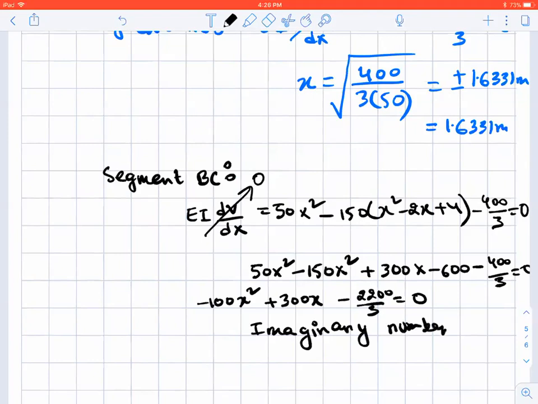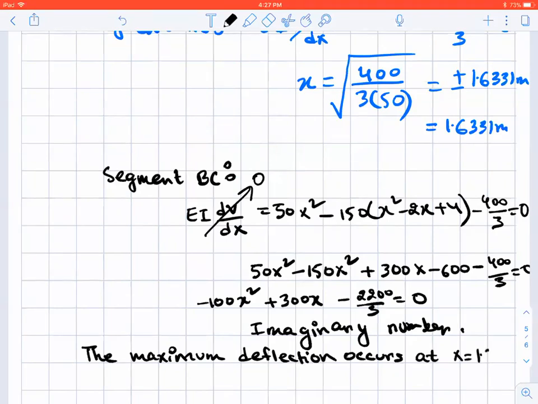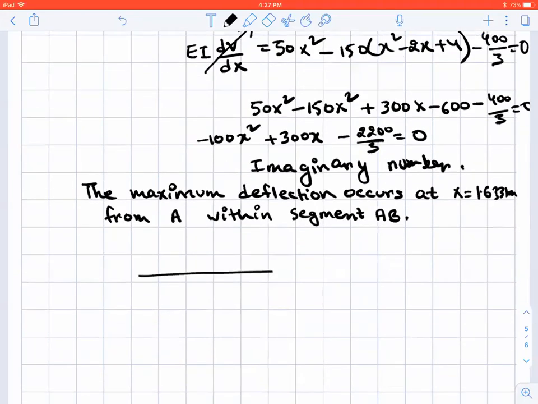So we can conclude that the maximum deflection occurs at x equals 1.6331 meters from A within segment AB.